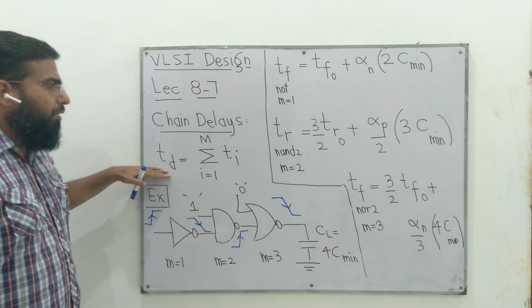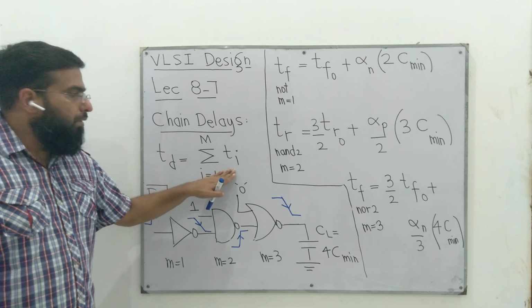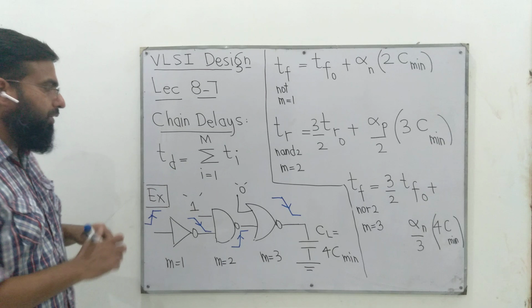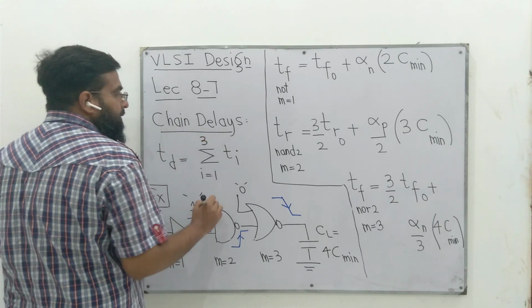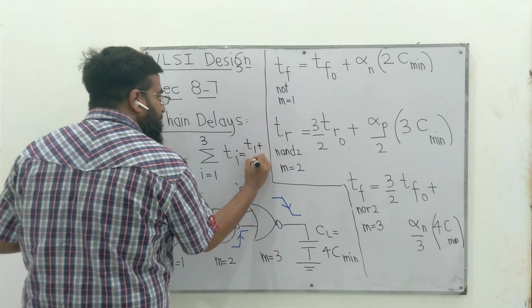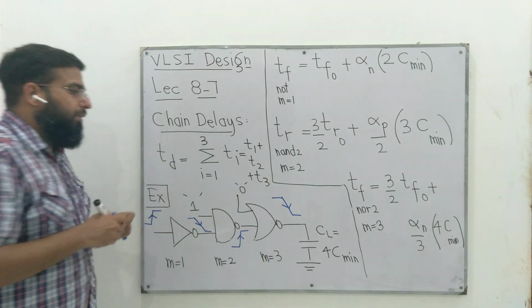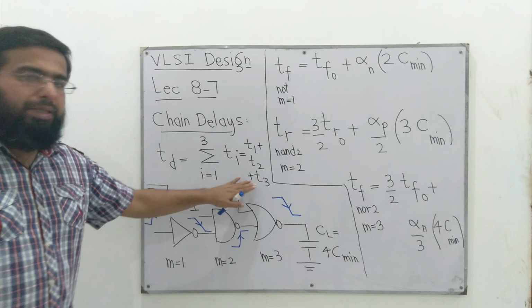The total delay of the chain is the sum of the delay caused by individual gates. For example, if we have 3 gates, this capital M is replaced with 3 and this is written as T1 plus T2 plus T3. The delay caused by gate number 1, by gate number 2 and by gate number 3 are added together.